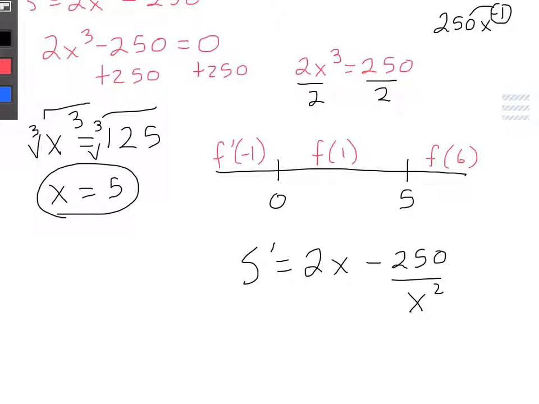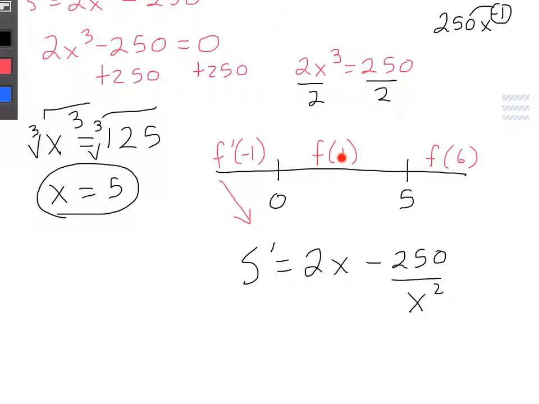Now we're testing to the left of 0 to see if the function's going up or down. Okay? So when we plug negative 1 into the derivative, you'd have a negative 2 and here a positive 1, but that'd be negative. So the whole thing would be what? It'd be negative. So the function's going down to the left of 0.